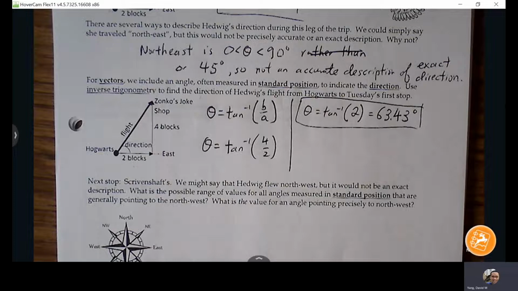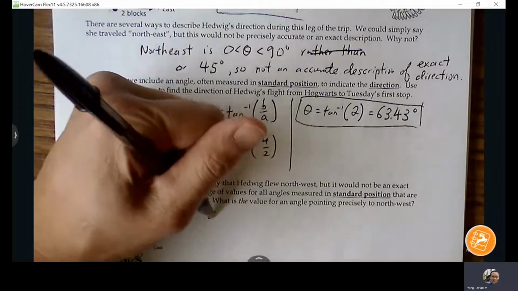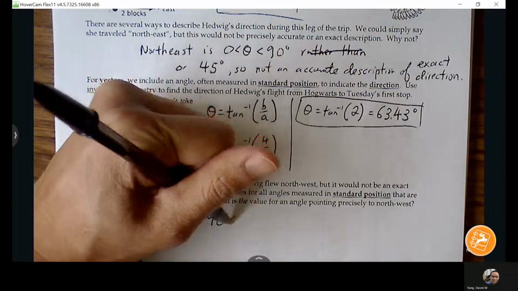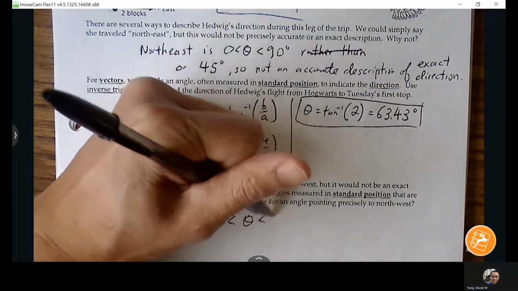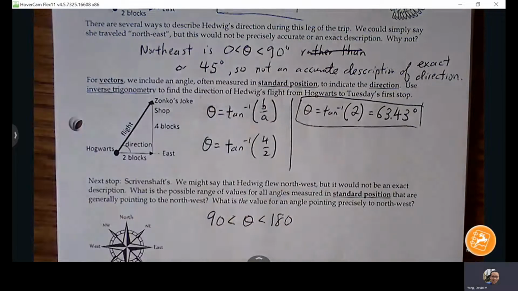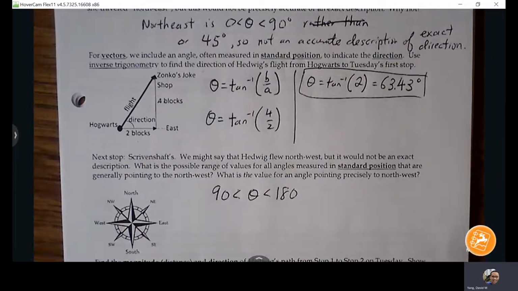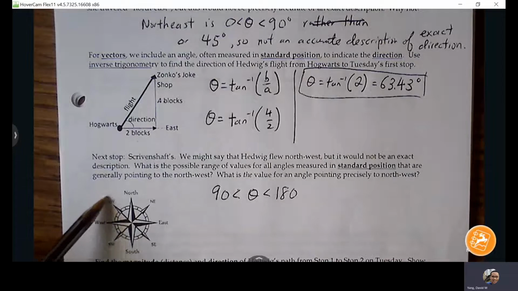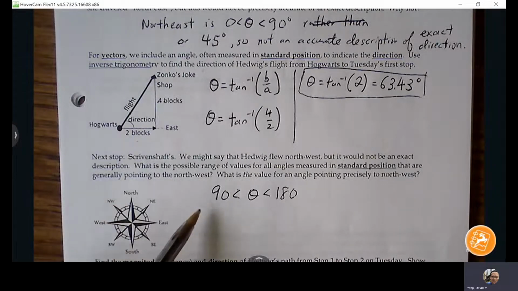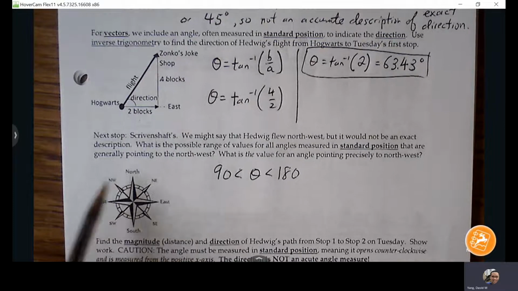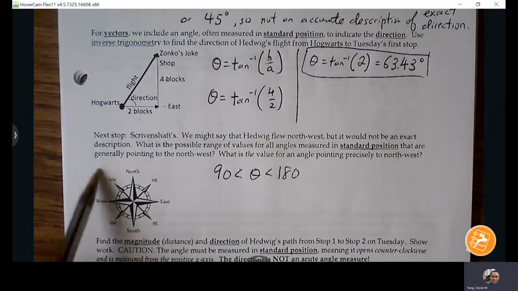So in a general direction, we know northwest is anywhere between 90 and 180. But we could also say the exact northwest is 135 degrees, right? So northwest is kind of like a general direction, but exactly northwest can also be 135 degrees.